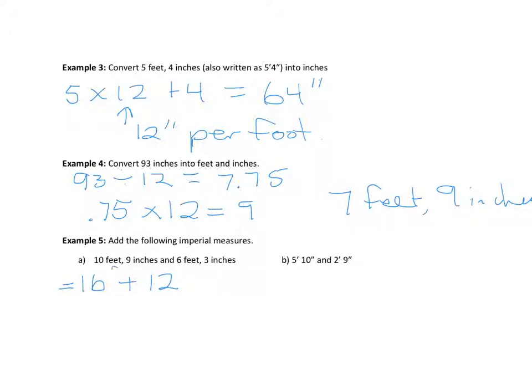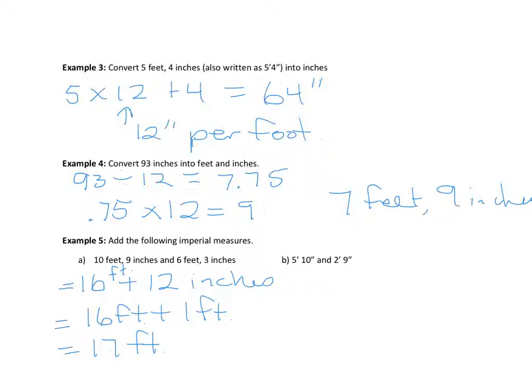And I should have written the word feet in there, so I'm just going to squeeze that in, plus 12 inches. But 12 inches is 1 foot, so I've actually got 16 feet plus 1 foot, so that gives me 17 feet.